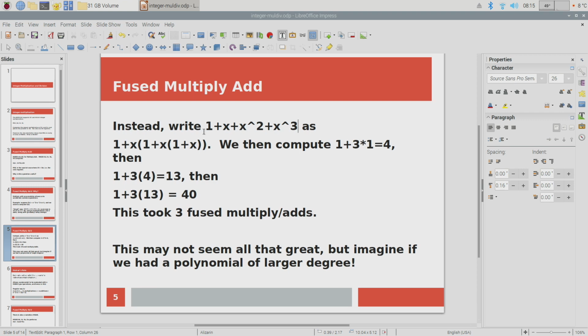Yeah. All right, so how would I compute 3 plugged into that thing? Well, the first thing I do is 1 plus 3 times 1. Then I do 1 plus 3 times 4, which was the previous result. And then 1 plus 3 times 13, which was the second previous result.